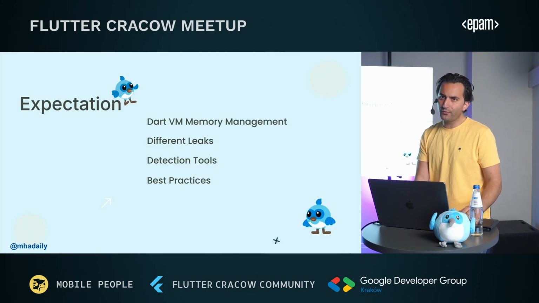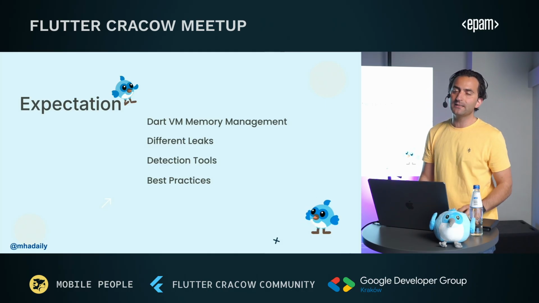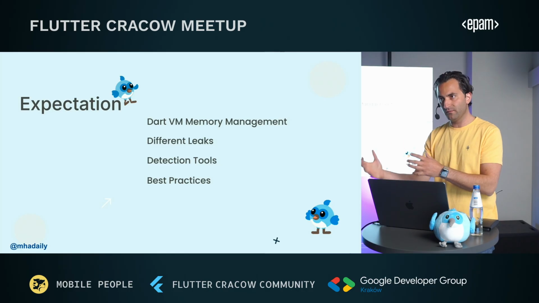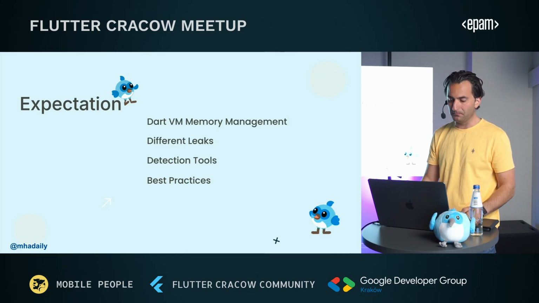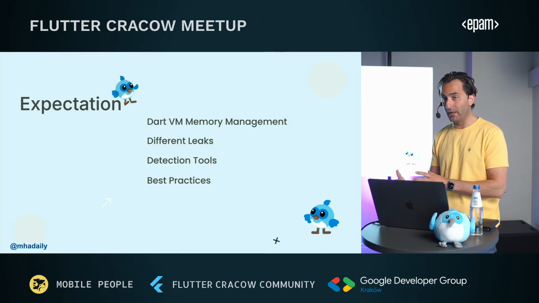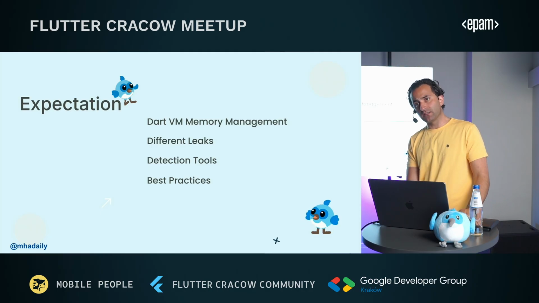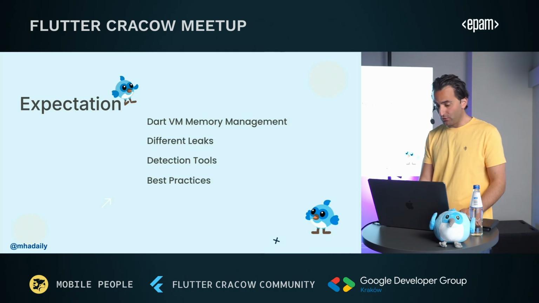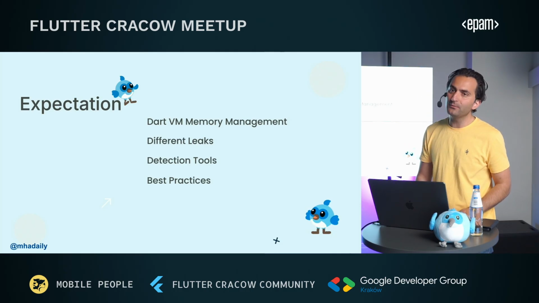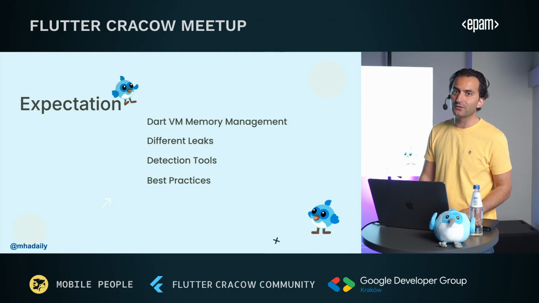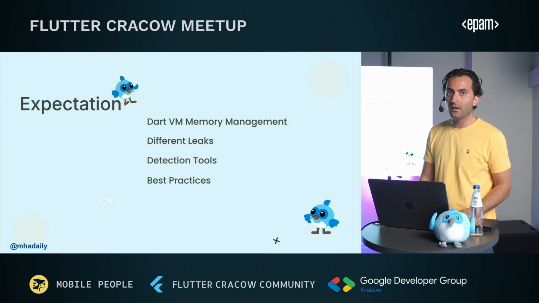Then we go through some best practices and what you can do to avoid these memory leaks. When you understand how the Dart VM works, you can use those techniques to ensure you're not having memory leaks in your applications, and some tools that you probably need to spend some time to get better knowledge around, if you don't know them.